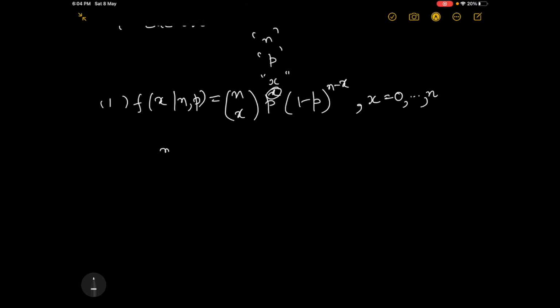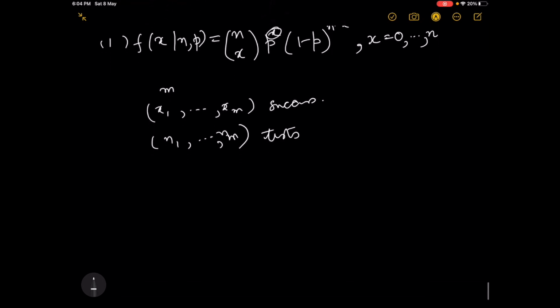For m binomial data sets, we will have x1, x2, up to xm successes correspondingly recorded out of n1, n2, up to nm tests. Then under conditional independence and the constant success probability assumption, the likelihood will consist of the product of m individual likelihoods.